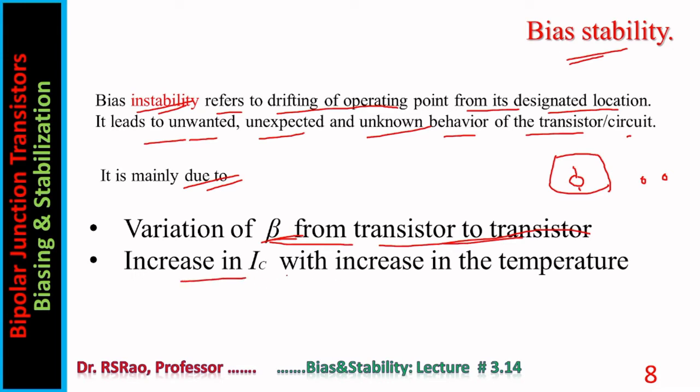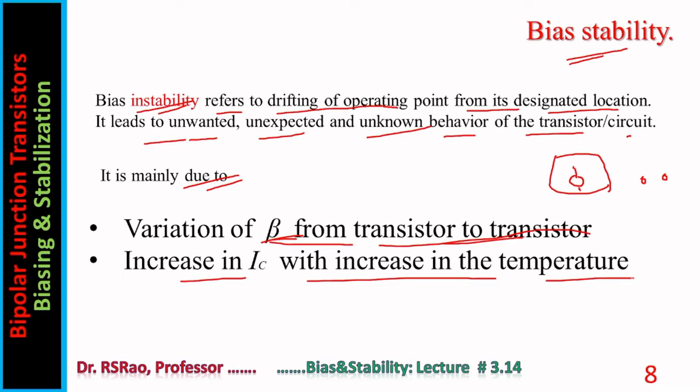Another aspect is increase in IC with increase in the temperature. IC depends upon beta. IC depends upon ICO, reverse saturation current at collector junction. Reverse saturation current doubles for every 10-degree rise in temperature. So ICO doubles.